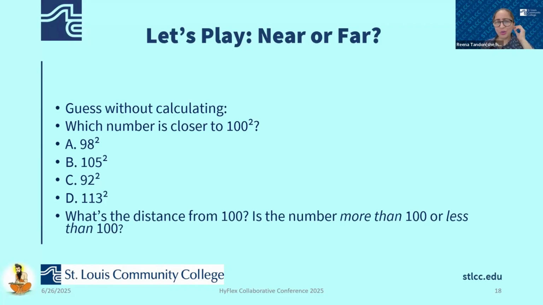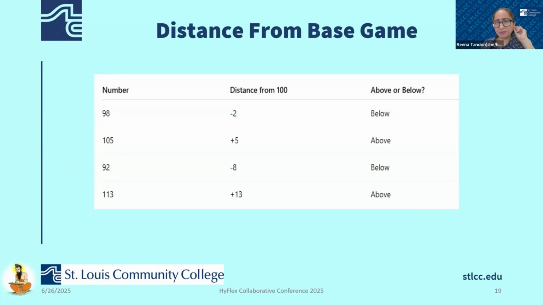Am I correct? Whenever we write like this, this is 98, and you see the distance from 100, you have a negative 2 basically. So below is 2 and above is 5. Same thing, you always observe the base: it's closer to 100, it's closer to 1000, like any number.